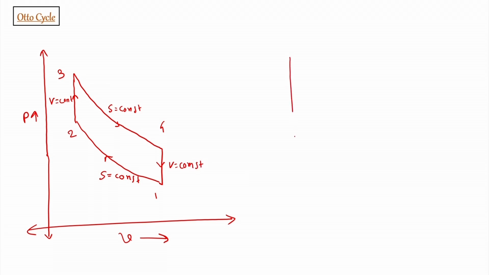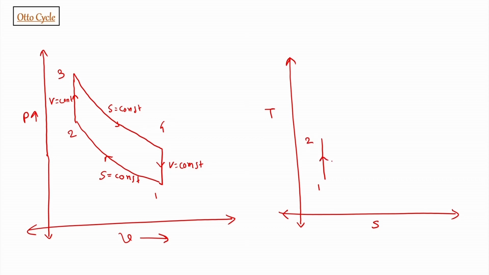So, this diagram on TS chart would look like this, where process 1 to 2 is isentropic, so it will be a vertical line, 2 to 3 is constant volume heat addition, 3 to 4 is isentropic expansion, and 4 to 1 is again constant volume heat rejection.